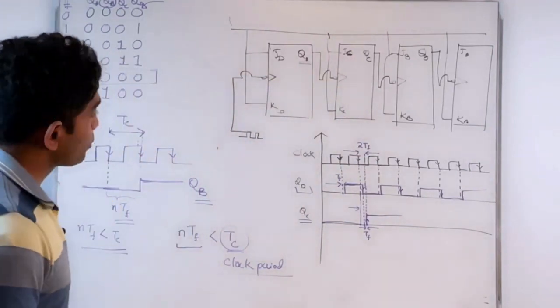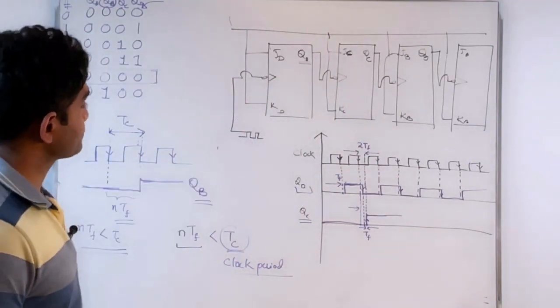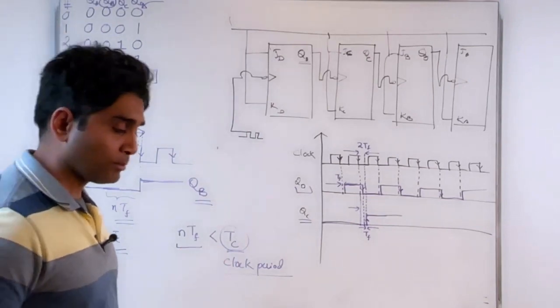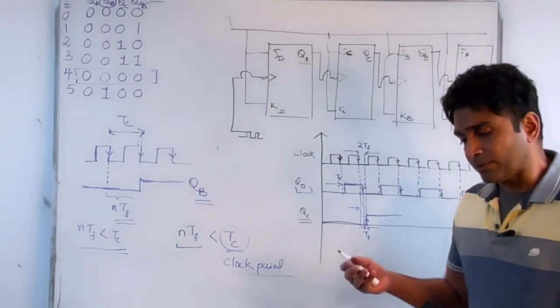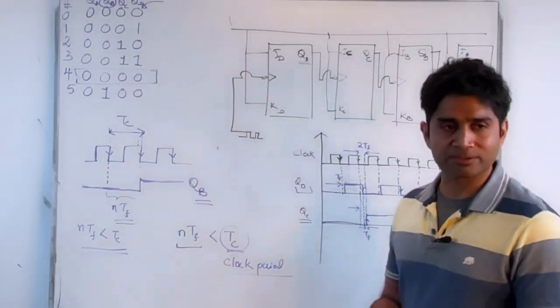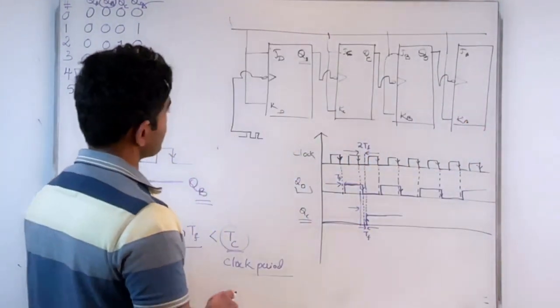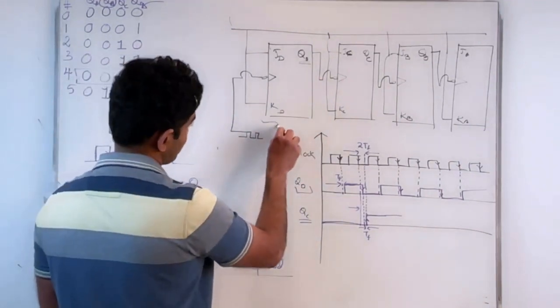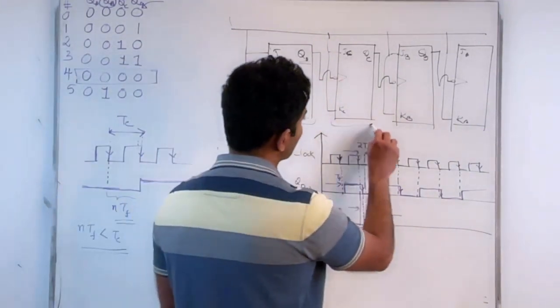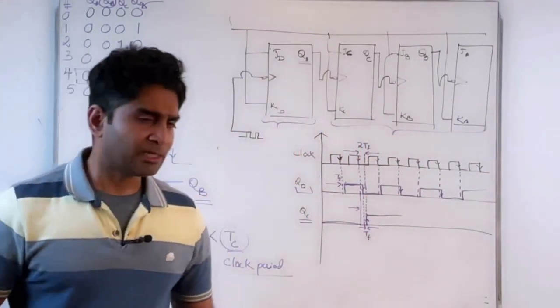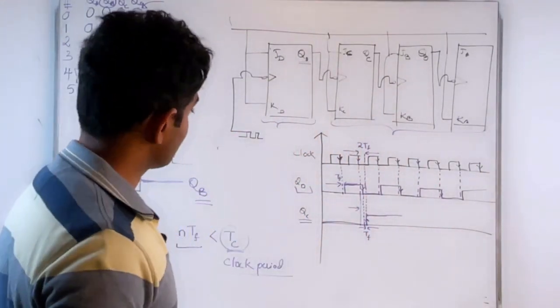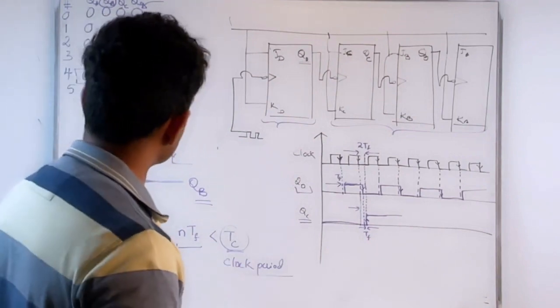So we have identified a limitation of using a ripple counter. This is called an asynchronous counter because, except for the first flip-flop, the rest of the flip-flops are not really synchronized with the clock. You have some desynchronization happening with the master clock because of the timing delay. So this is also called an asynchronous counter.